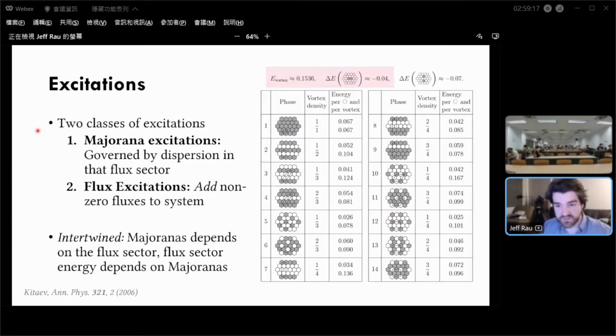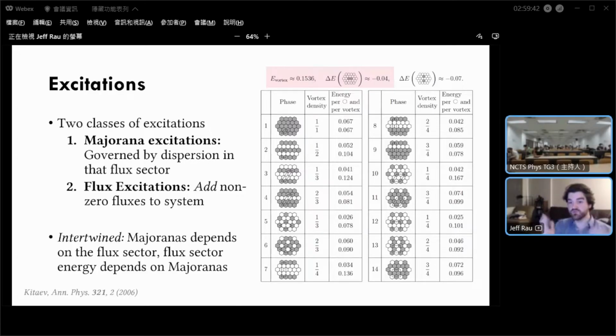We call them flux excitations, and those cost energy as well. For example, these have been computed numerically. If you put one of these fluxes in, you get an energy cost which is about 10% of this Kitaev coupling, right? You put a pair in, it's a little bit lower because they are attracted to each other. You put in more complicated configurations, you can compute what that energy cost is, okay?